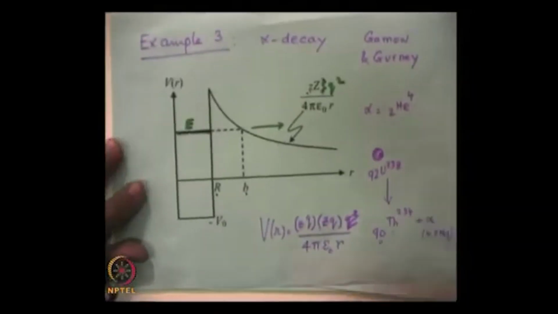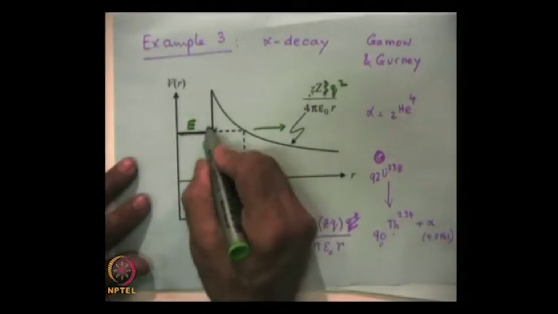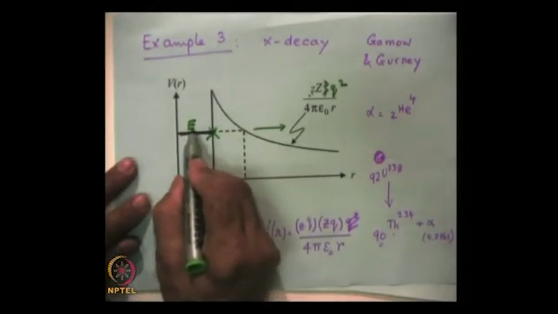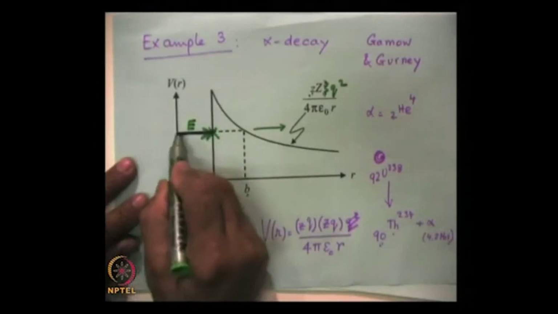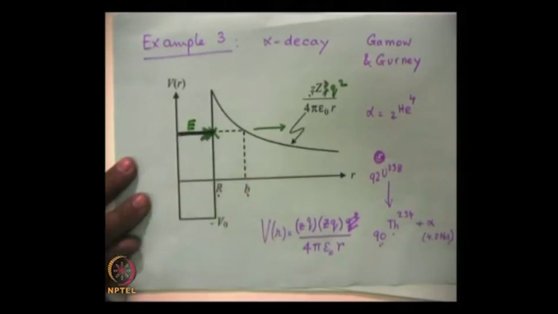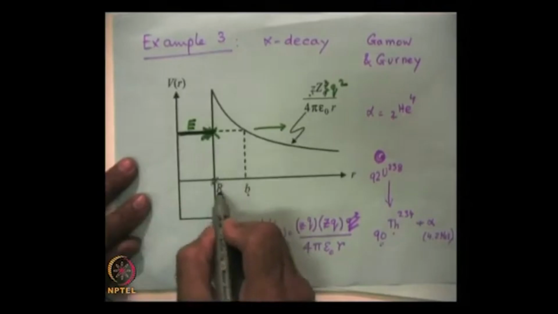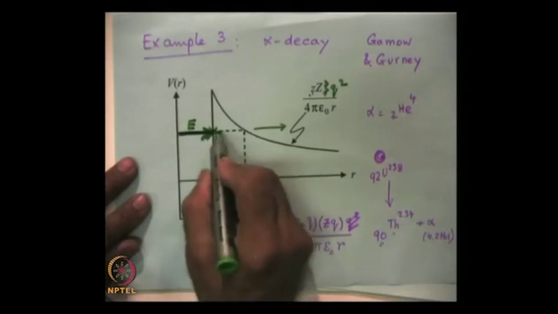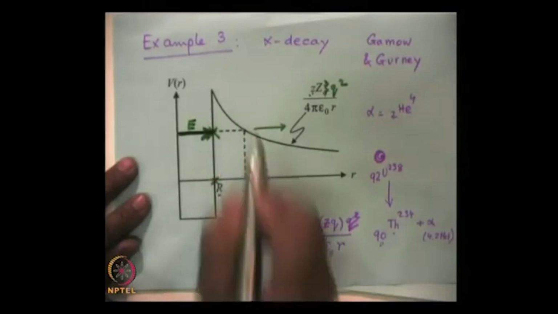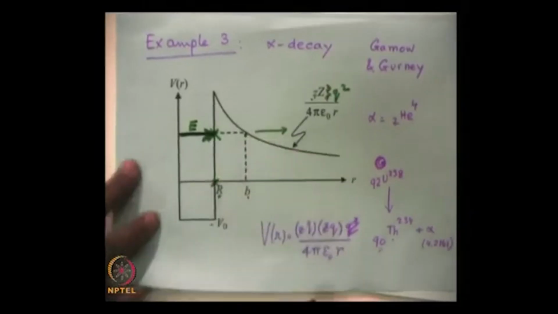In this figure, one of the turning points is here. The alpha particle is incident on the boundary of the nucleus, and there r is equal to capital R, and then it reaches the point b, the other turning point.